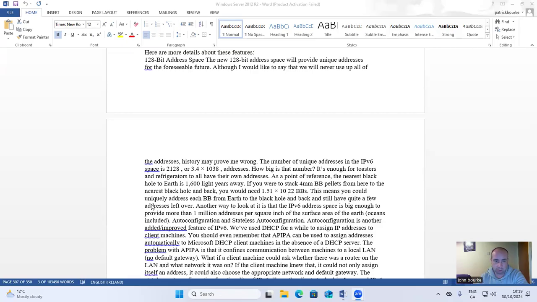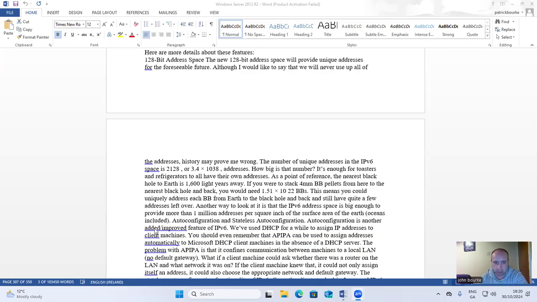This means you could uniquely address each BB from Earth to the black hole and back, and still have quite a few addresses left over. Another way to look at it is that the IPv6 address space is big enough to provide more than 1 million addresses per square inch of the surface area of the Earth, oceans included. Auto configuration and stateless auto configuration.